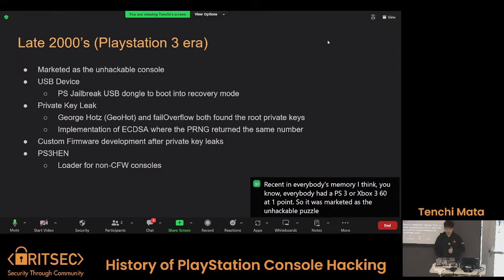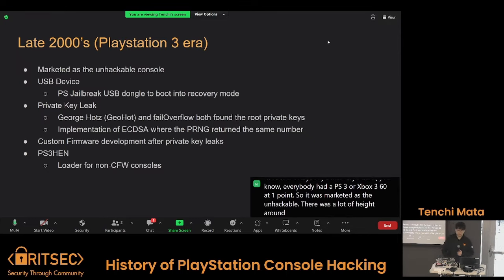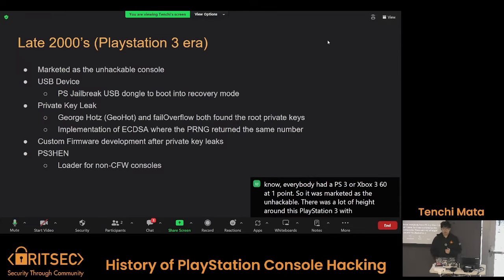There was a lot of hype around the PlayStation 3 with it being advertised to have a very secure hypervisor, which is for isolating processes. It was also marketed as having the ability to run other OSs, so you can install Linux onto the PlayStation 3.